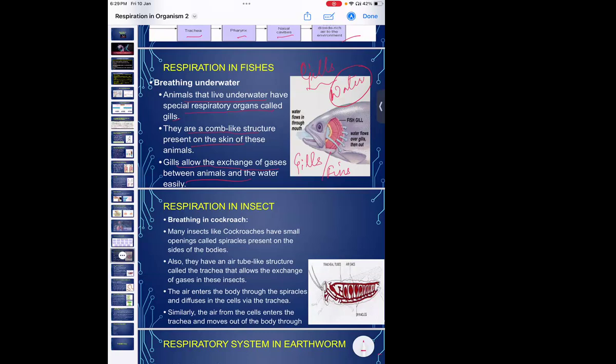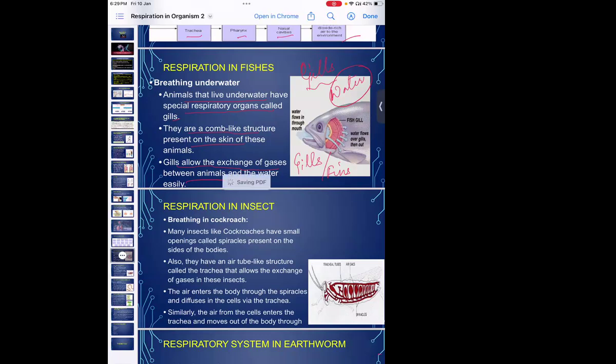Very good, correct, Rohini. Gills are basically the respiratory organ in fishes, whereas fins are the locomotory organ. With their help, fishes find direction and move.